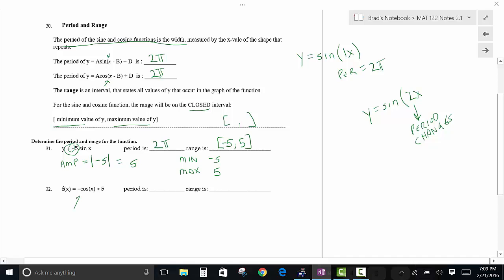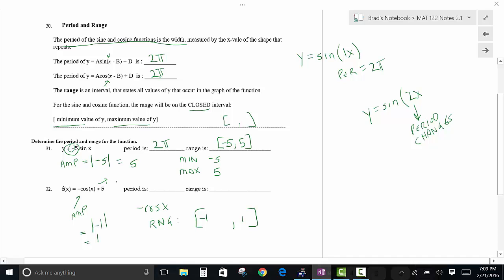So the next one, the amplitude is going to be the absolute value of -1, so that's 1. What that means is if you just had the graph of negative cosine x, then the range would be -1 to 1, because the max and min don't change.